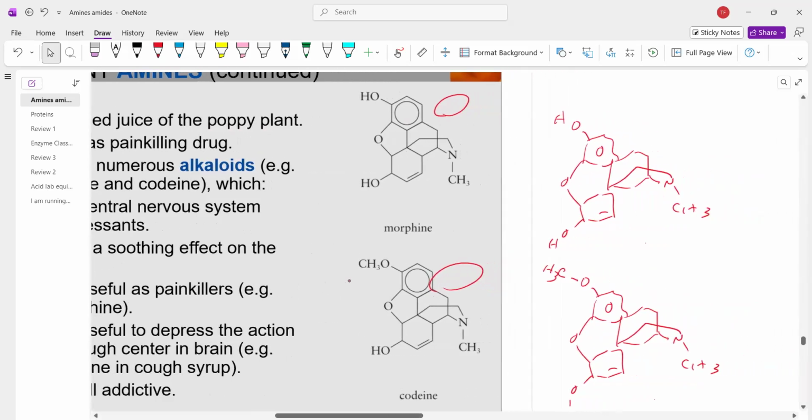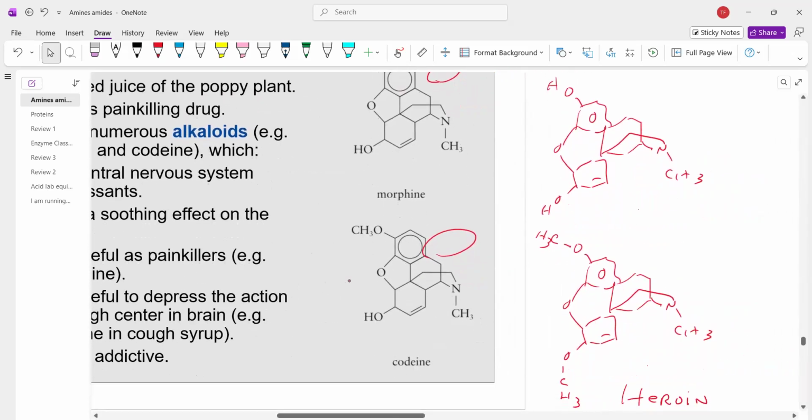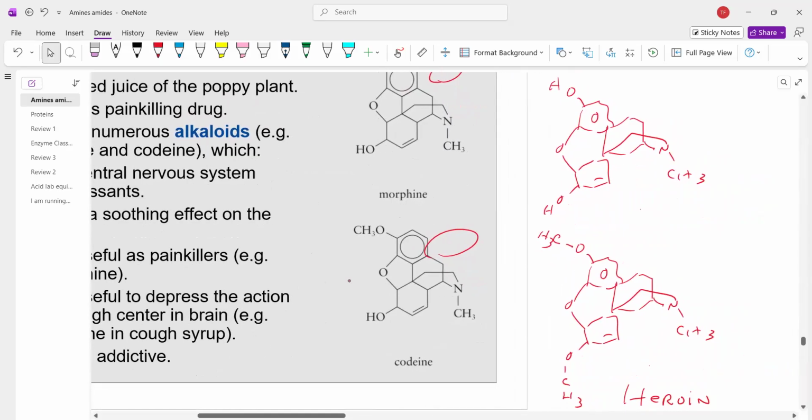So these two chemicals, I don't know why I redraw that. Here's heroin. And the only difference between heroin, codeine, and morphine are these two groups.